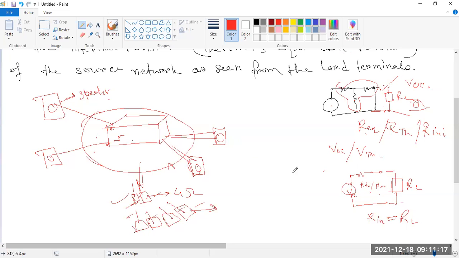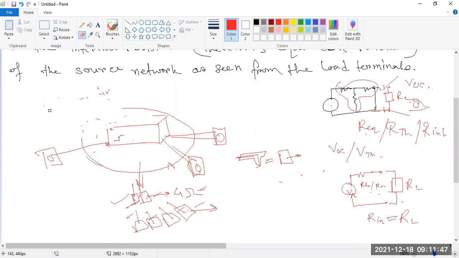Here the maximum power transfer theorem is applied, because the total resistance of this area, each load, should match the internal resistance of this circuit. Otherwise it will not play very well.